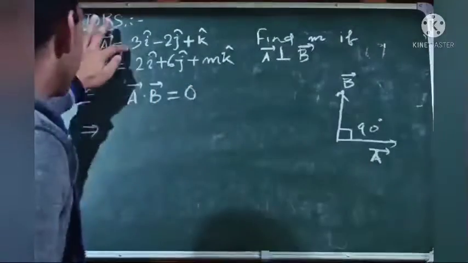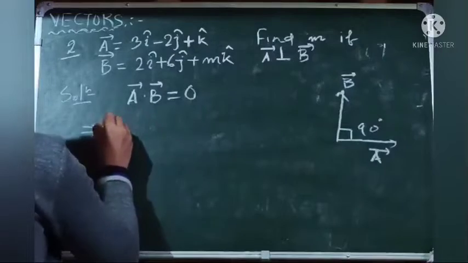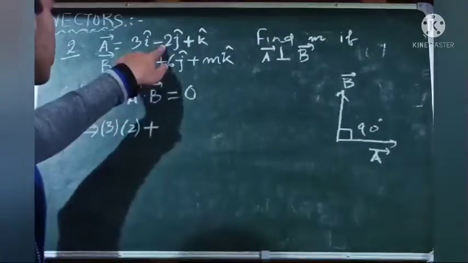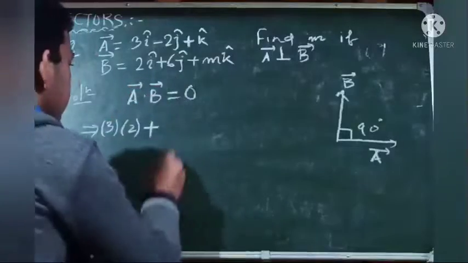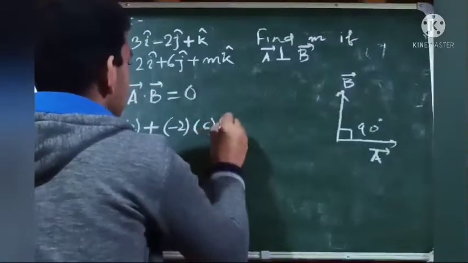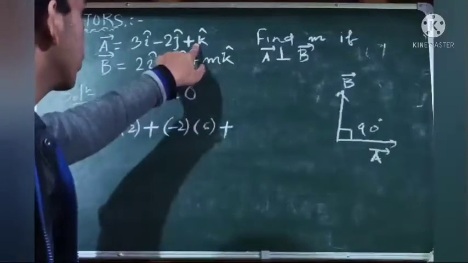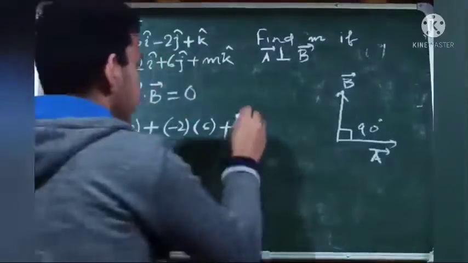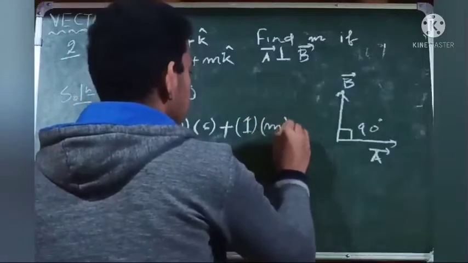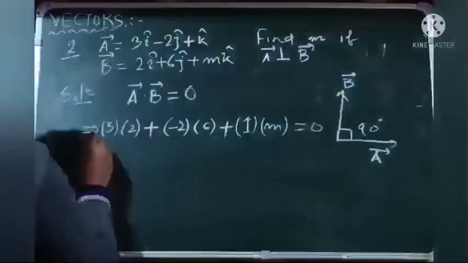So here we are getting 3 multiplied by 2 plus minus 2 multiplied with 6, plus here 1 multiplied with m is equal to 0.